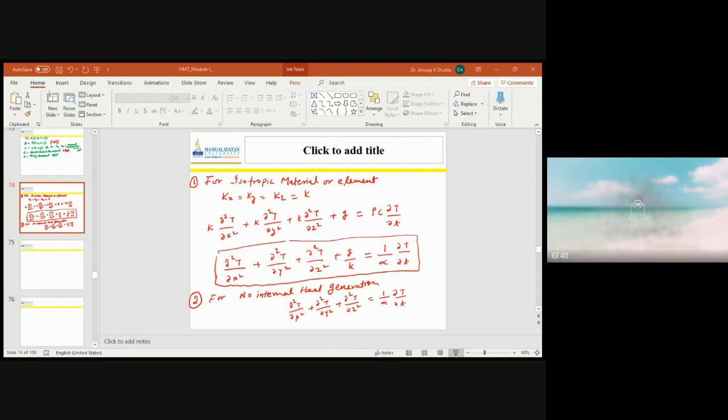When we transform this equation to rectangular coordinates, we can use this relation: x is equal to r cos theta, y is equal to r sin theta, and z is equal to z.